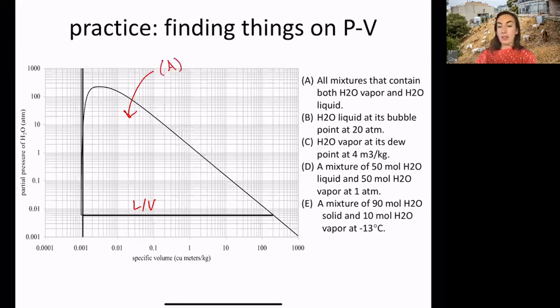And then the next thing we want is H2O liquid at its bubble point at 20 atmospheres. So just like before, we are on a log axis on our y-axis, and 20 atmospheres is right here. And so we're just going to follow that over to the envelope where our liquid phase hits our liquid vapor region.